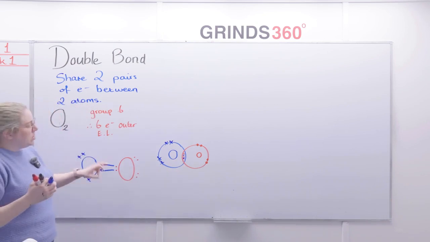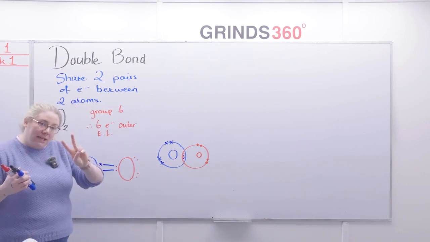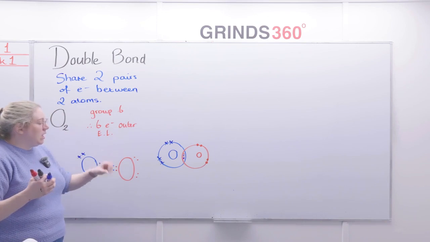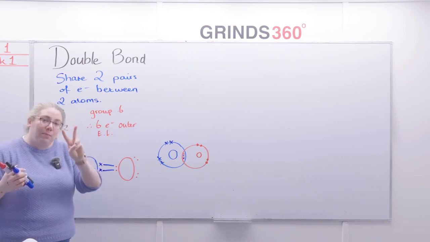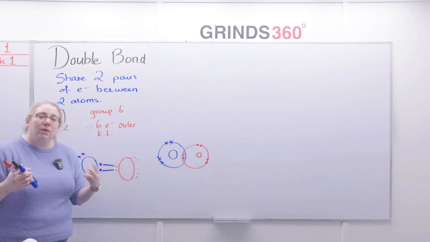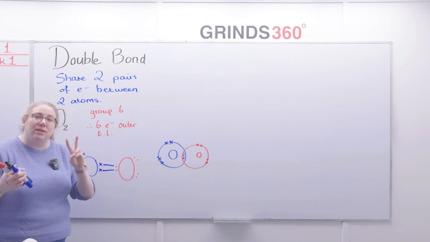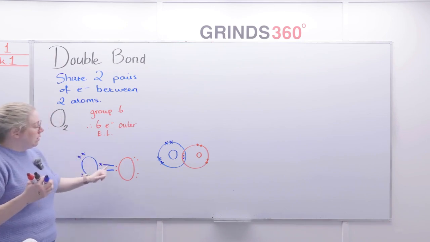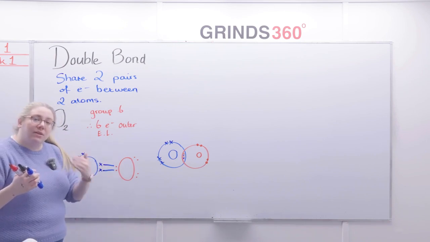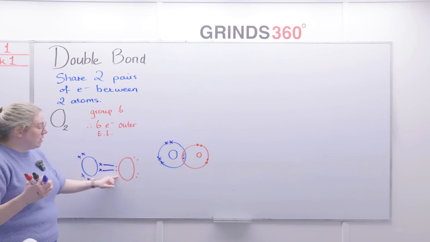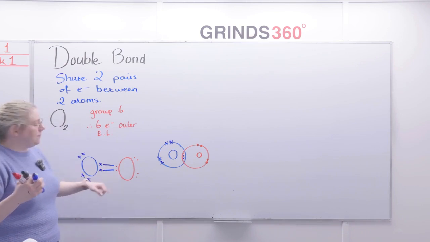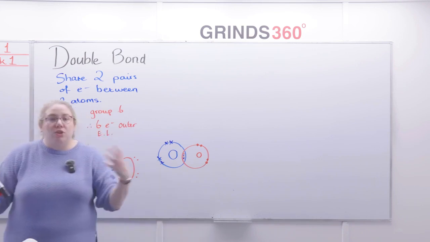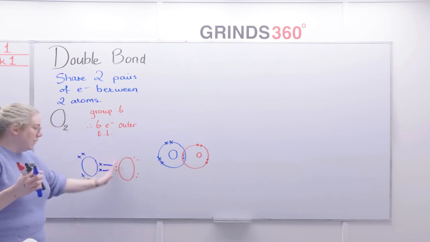A single bond will share 2 electrons, so 1 from each atom. A double bond, you actually have formed 2 separate bonds. Every bond that you form in chemistry has 2 electrons in it. So if you formed a double bond, that's twice the number of bonds, so there has to be 4 electrons shared in total between the 2 atoms. They're not both sharing 4, but there's 4 overlapped between them.